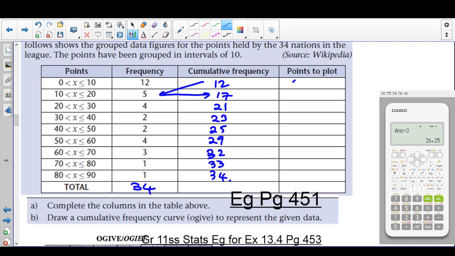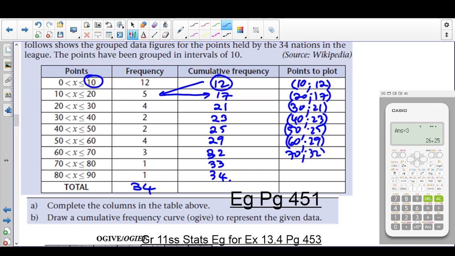Points to be plotted is going to be the end point of the class interval and your cumulative frequency. So it's 10 and 12, 20 and 17, 30 and 21, 40 and 23, 50 and 25, 60 and 29, 70 and 32, 80 and 33, and of course 90 and 34.